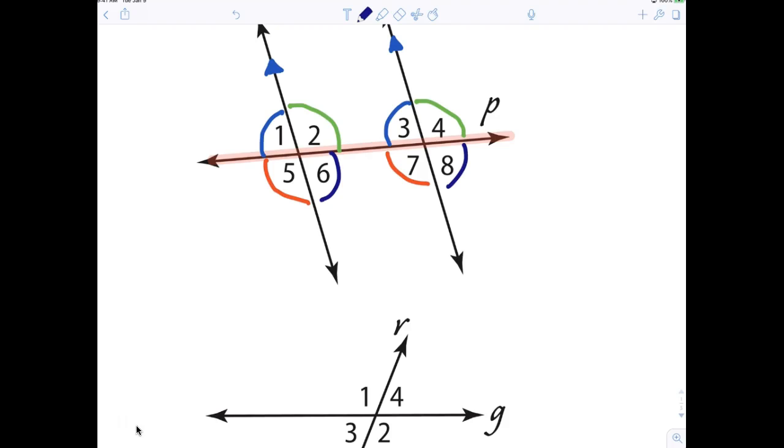So let's write that note now. Corresponding angles are always congruent.